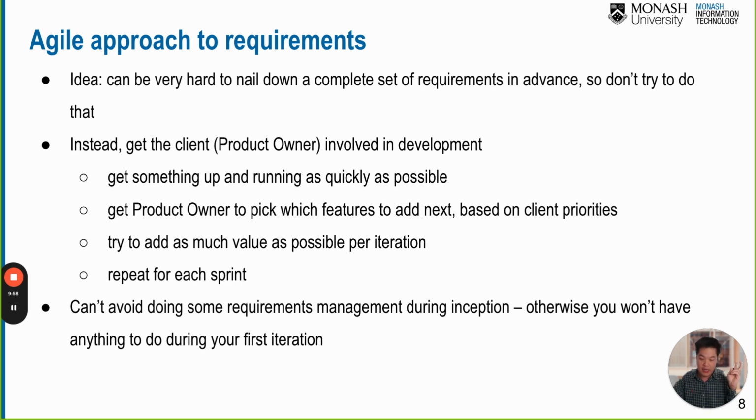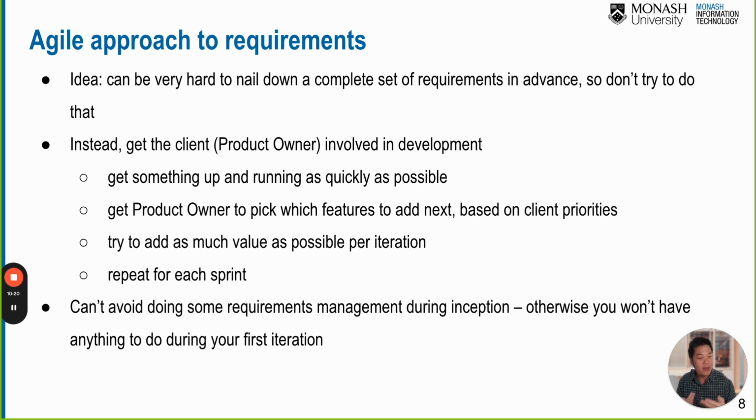Think about the example I gave you before. Let's say we want to implement an e-commerce platform, and there are two features, the login feature and the shopping cart feature. Which one delivers more value to the customer? Probably the shopping cart, not the login feature at all.